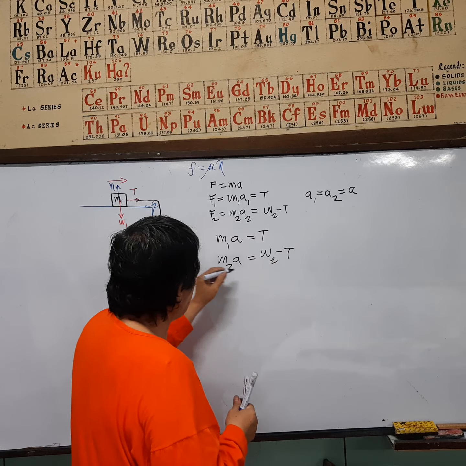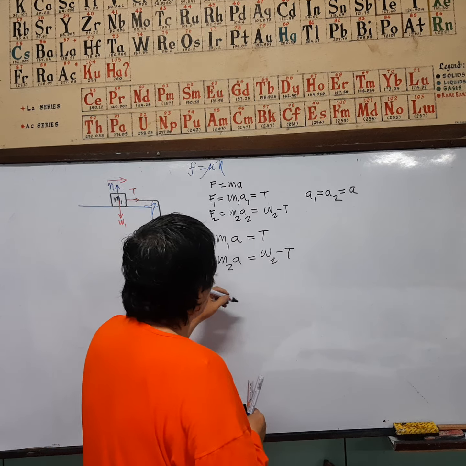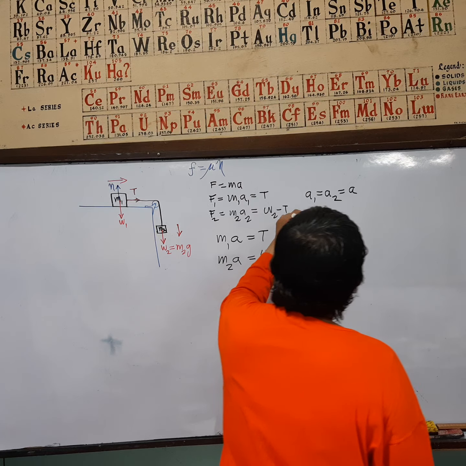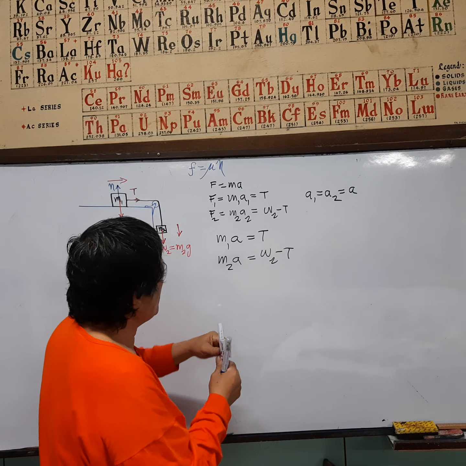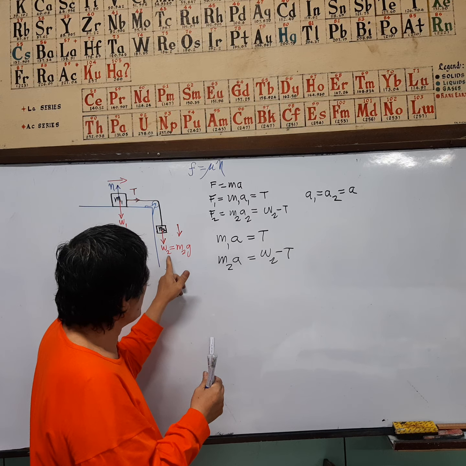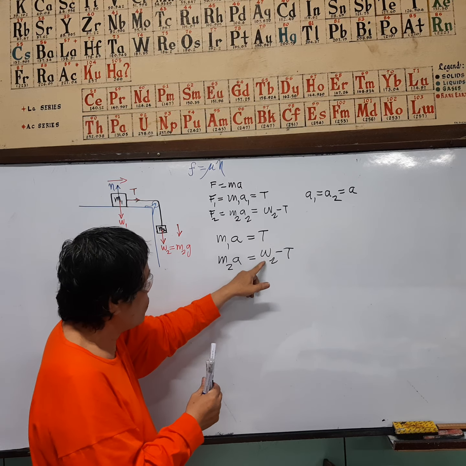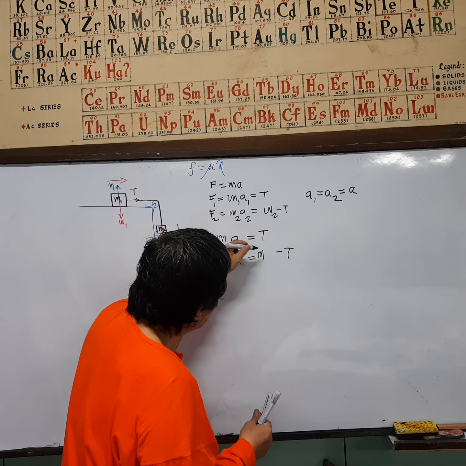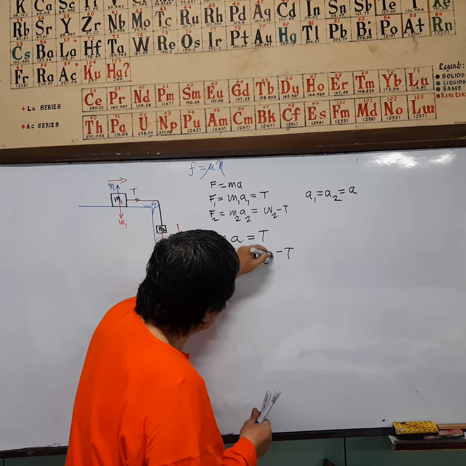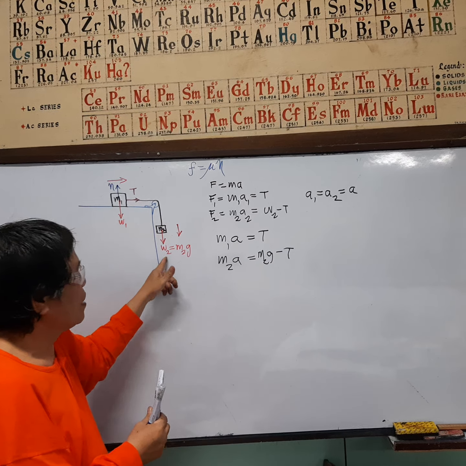And further, we simplify this one further. Here W2 is M2G. So W2 is M2G. That is our W2.